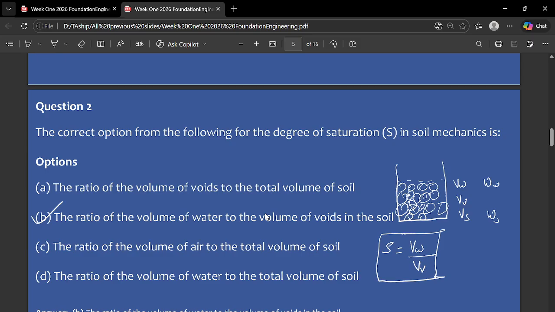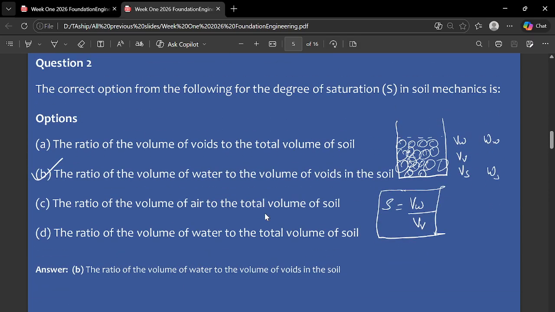Then here you are basically having the correct option for the degree of saturation in soil mechanics. It's more about the composition of your soil, air, and water. So how the different proportions will lead you to get some of the index properties of the soil, and how the various relations are utilized in the soil mechanics field to address some of the major application problems.